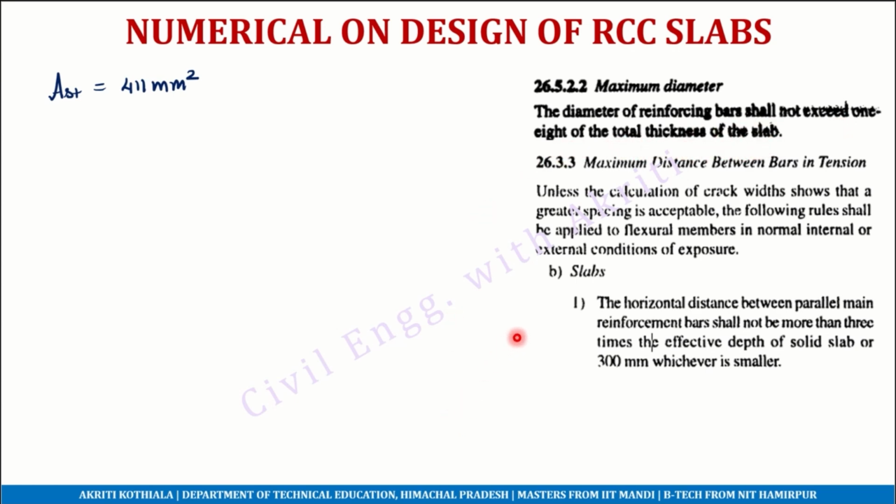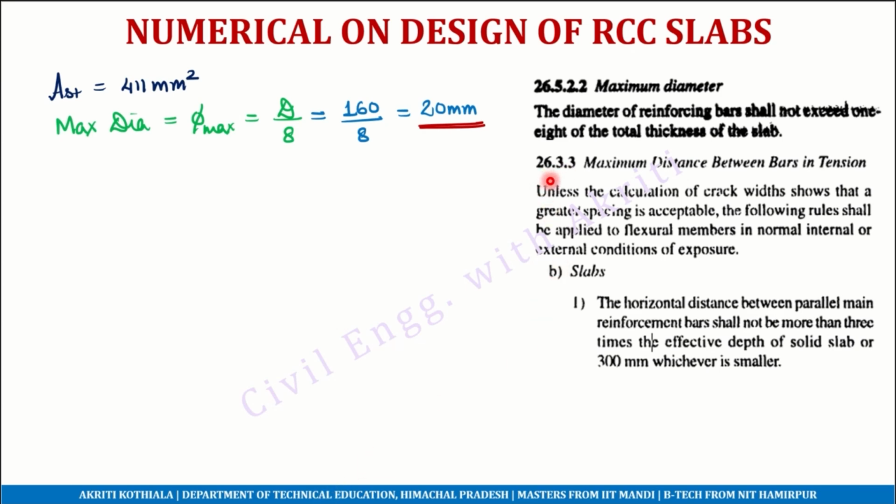So what it means is that the maximum diameter which we can use while providing main steel is 1/8 of the total thickness of the slab, that is overall depth upon 8. So overall depth in our case is 160 divided by 8, which gives us a value of 20 mm. So the maximum diameter of the bar which we can use is 20 mm, and we have to keep the size of the bars in our slab lesser than 20 mm.